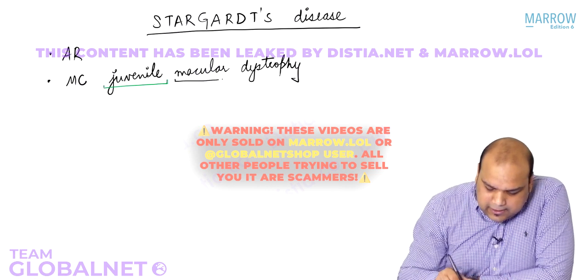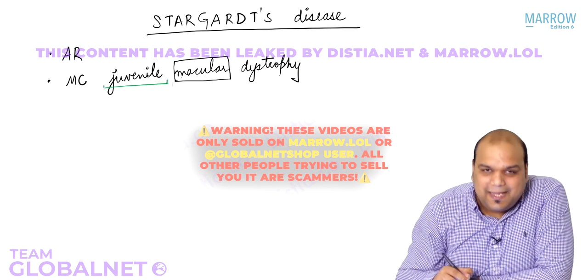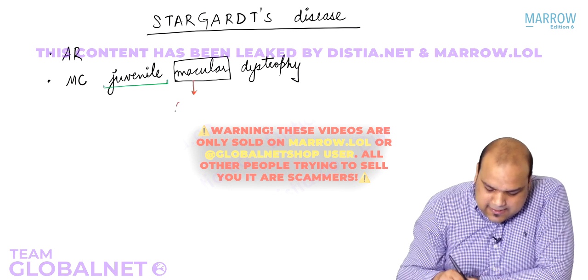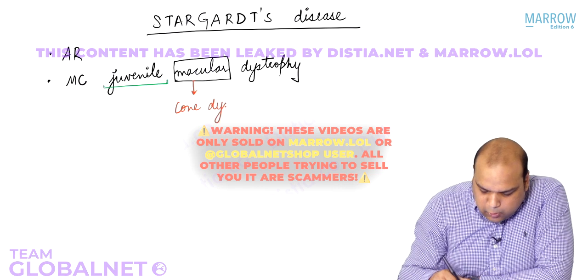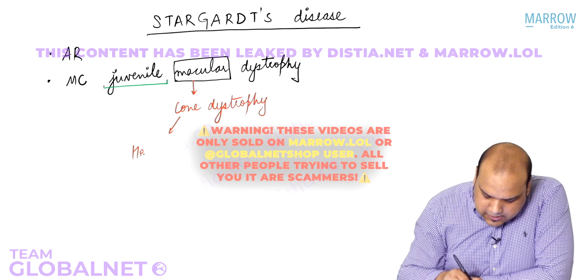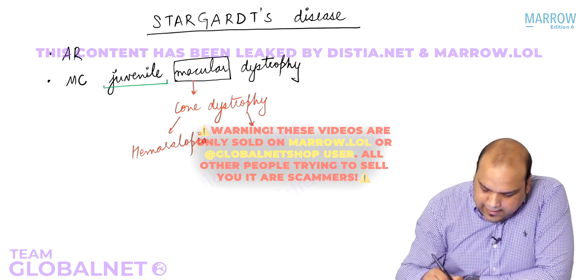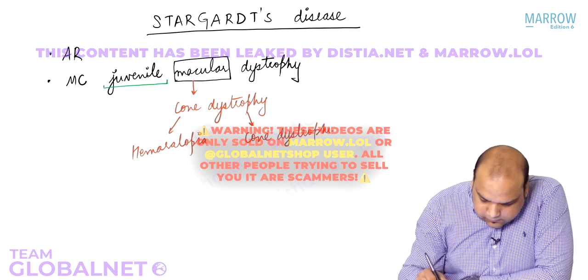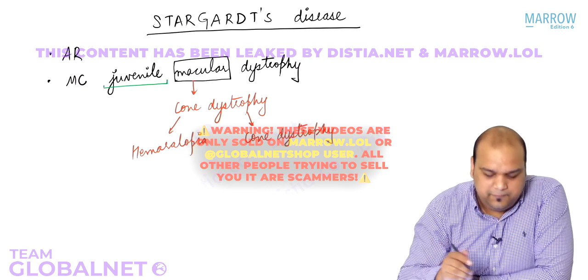Then we have said macular. Again, just like Best's dystrophy, we have written macular. That means it is again which type of dystrophy, everybody? Cone dystrophy. So again, I hope we understand the patient will have hemeralopia and cone dystrophy. Okay, no confusion here.